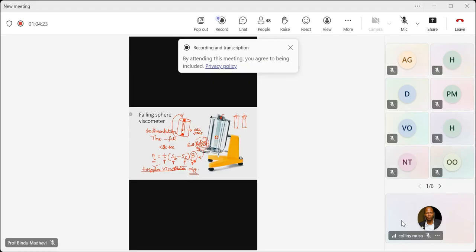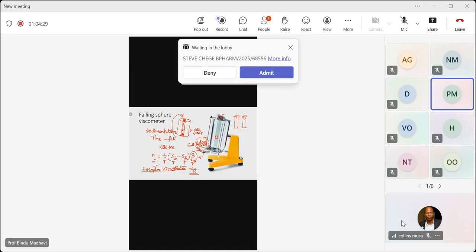What is the force acting on the liquid here? Gravity. Exactly. So gravity is the shear stress that is acting on the liquid.